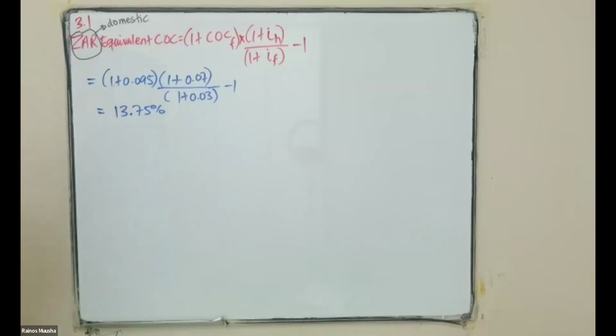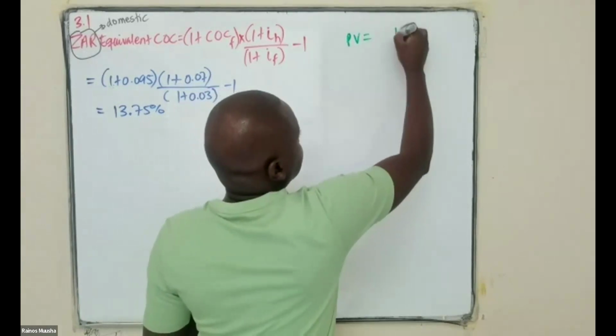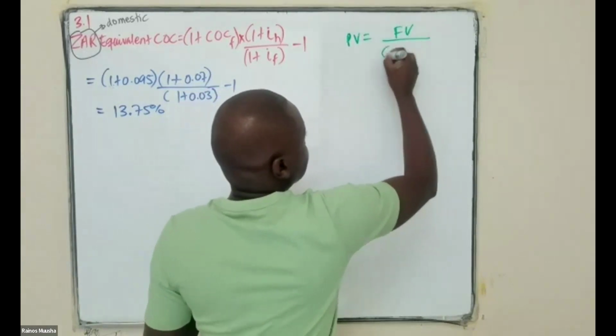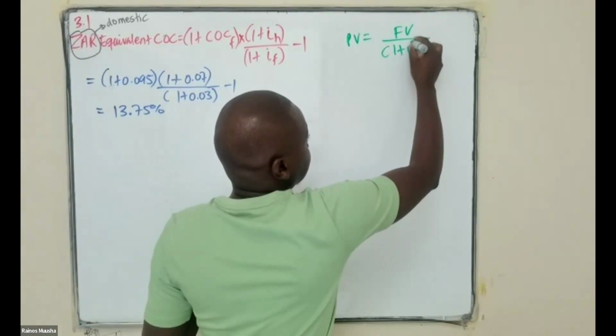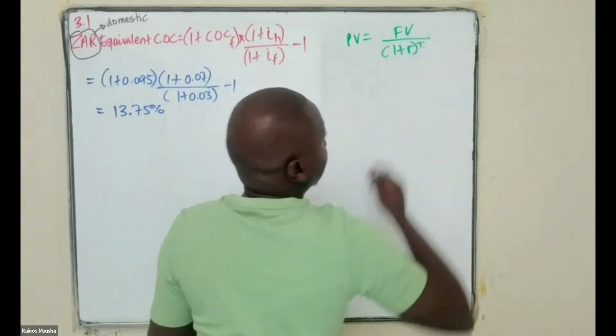So to find the net present value in ZAR, remember we say your present value is given as your future value over (1 plus the interest rate) to the power of t. So this is how we find the present value.